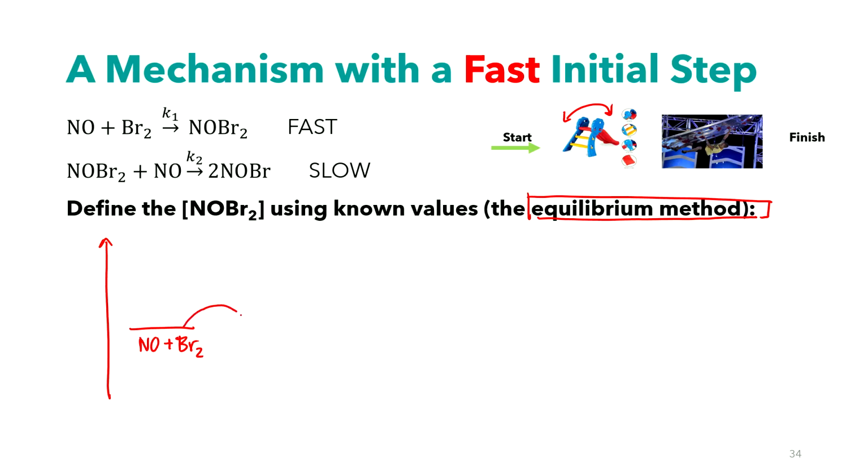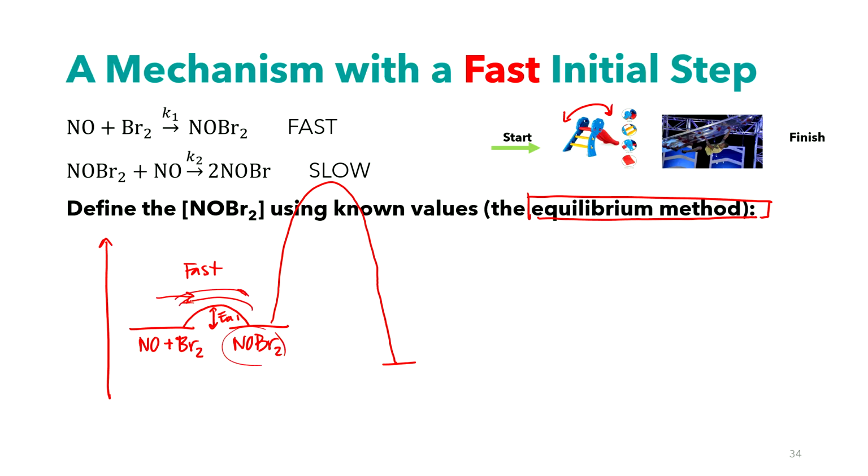This first step is fast, and I've written it as having a very small activation energy. So it can go this way, and I'm sitting and waiting for this second really hard step to happen. So maybe some of this actually goes back the other direction. And then we're just sitting over here, going back and forth, back and forth.